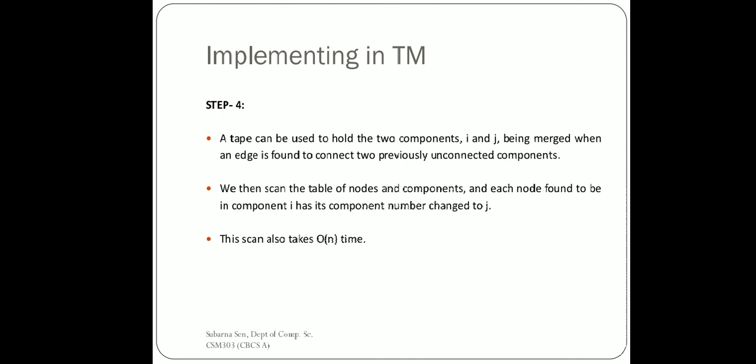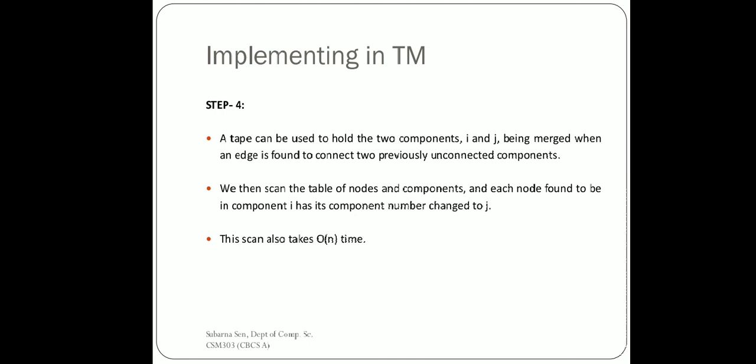So we can then scan the table of nodes and components, and each node found to be in component i has its component number changed to j, right? See, this is how a Turing machine works. The finite control will be somewhere, then it will move somewhere else. Whenever we have joined two vertices using an edge, that means one vertex has been traversed.